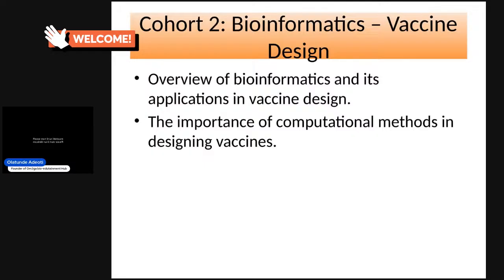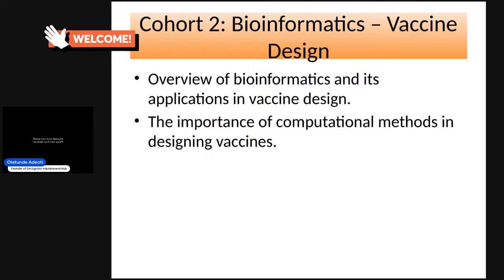What are the advantages of using bioinformatics to design your vaccine? The traditional way of designing a vaccine can last you more than 20 years before you get a vaccine.